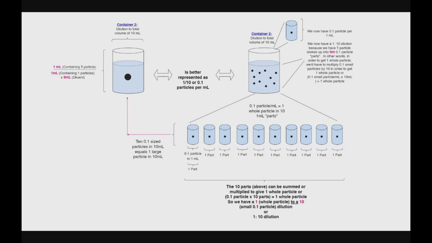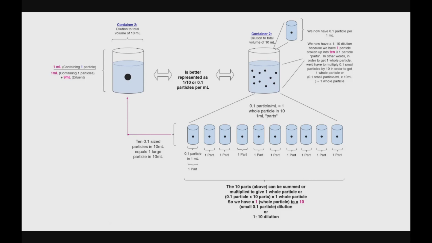It's better to just say 0.1 in size versus the one whole particle that you had. So think about that one whole particle in 10 milliliters as being 10 small particles, each of a size of 0.1.